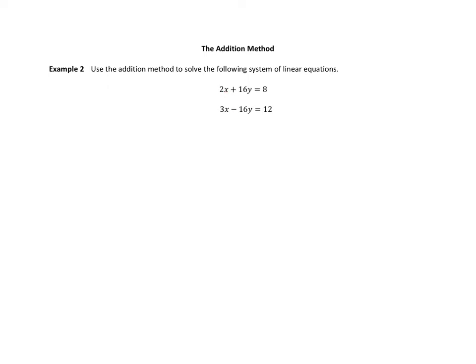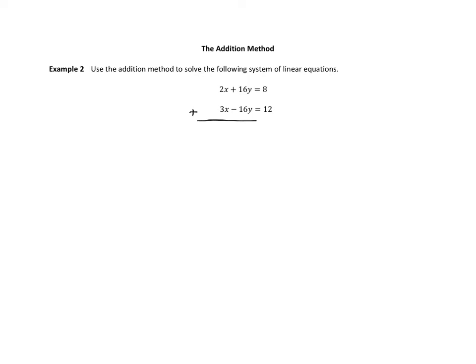But I'm noticing something here. In these two equations, I'm seeing a 16y and a negative 16y. If you were to add these two things together, 16y plus negative 16y is 0. If you make that observation, then the addition method works great.